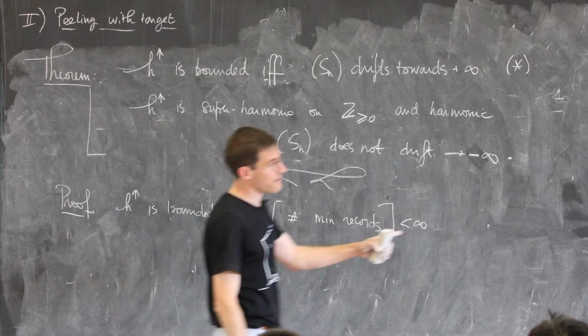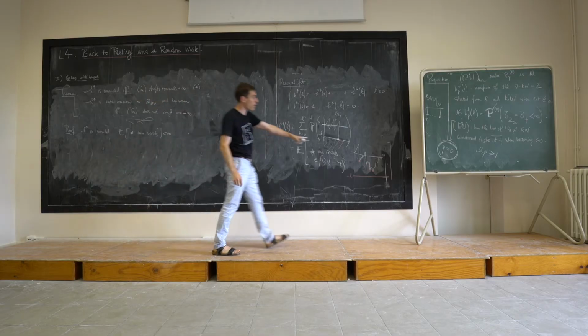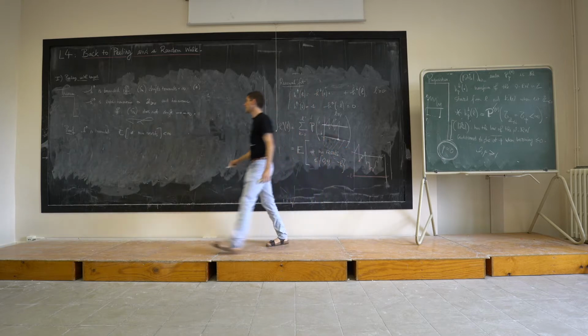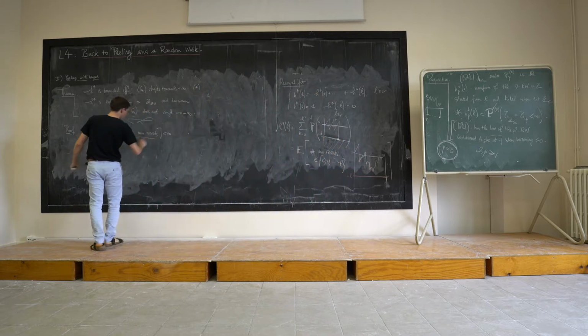And so if I have a finite expected number of minimal records, I have a finite number of minimal records almost surely.